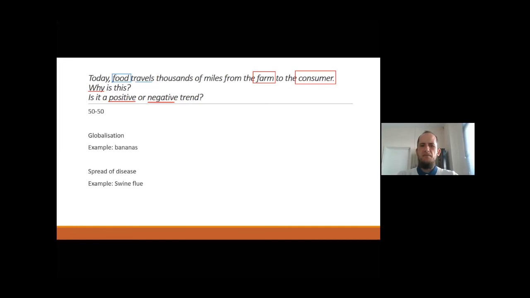That's probably their main meat. They don't like lamb. They can't afford beef, and they eat pork. And half of their pigs died because of swine flu.